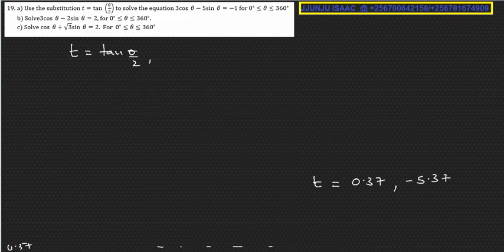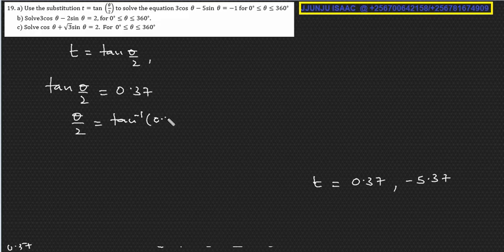So it implies that tan theta by 2 is going to be 0.37 and theta by 2 will be equal to the tan inverse of 0.37.